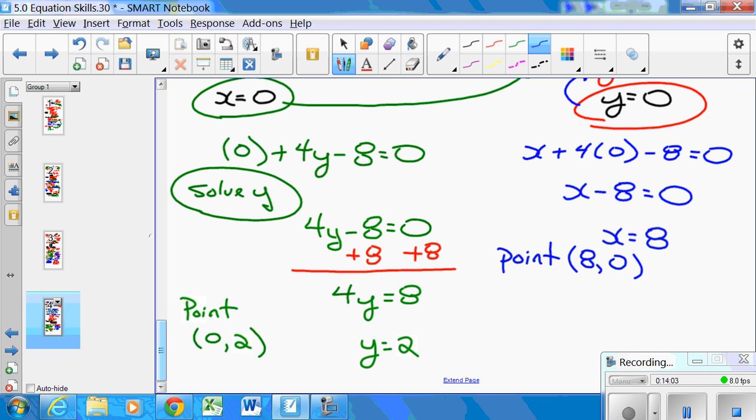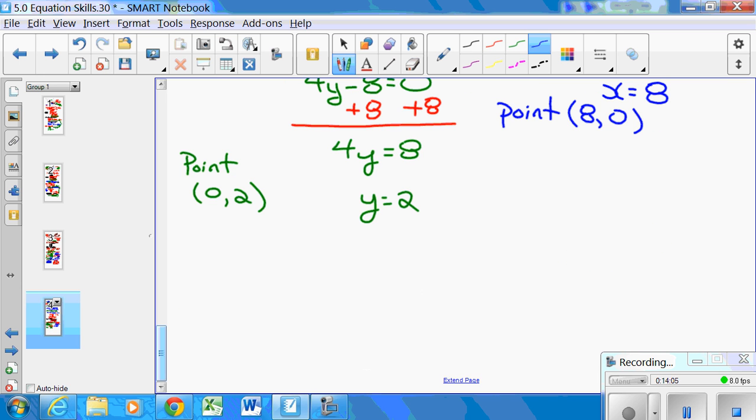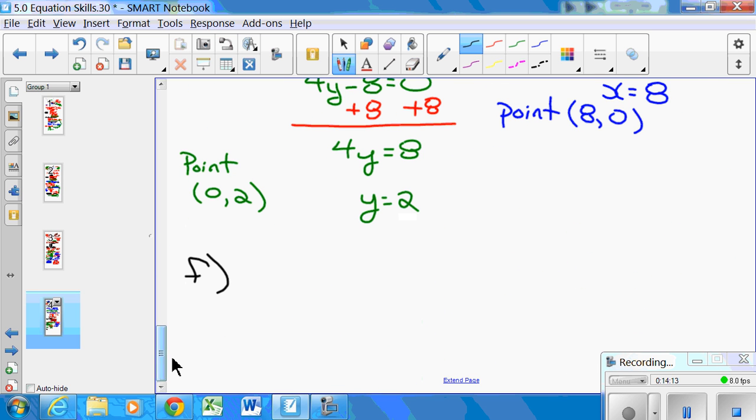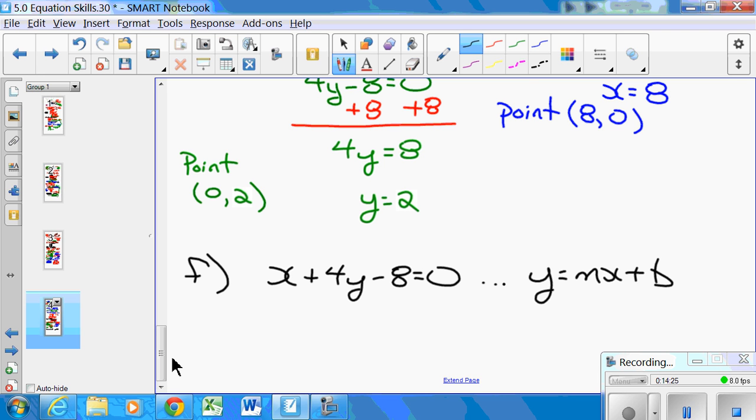And then the last thing is, can you take an equation and can you change forms with it? So again, we're going to show you 2 ways to do the question. If you have x plus 4y minus 8 equals 0, you want to write this so it looks like y equals mx plus b. You want to prove that you have the algebra skills to change forms.